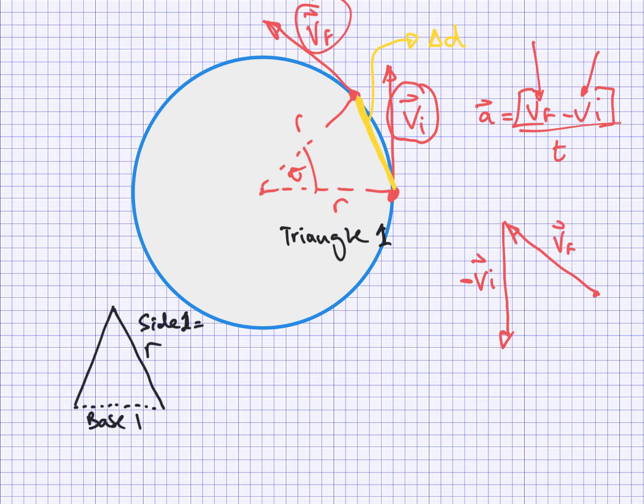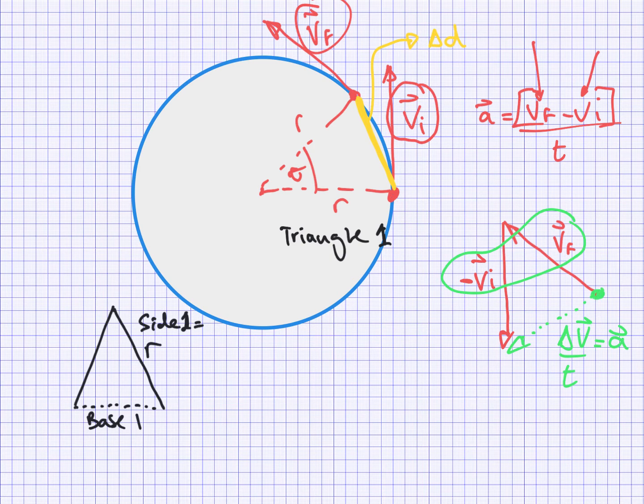Okay, now this next bit's really cool because obviously now when we've got this change, this is a change in the velocity. So these two vectors added together as a resultant give me the delta V over a time interval, which is my acceleration. So this green arrow now represents the acceleration in a circle.